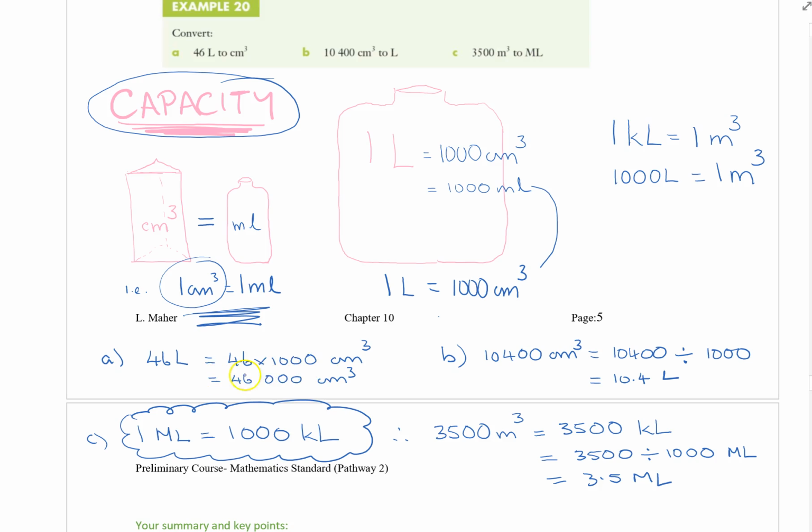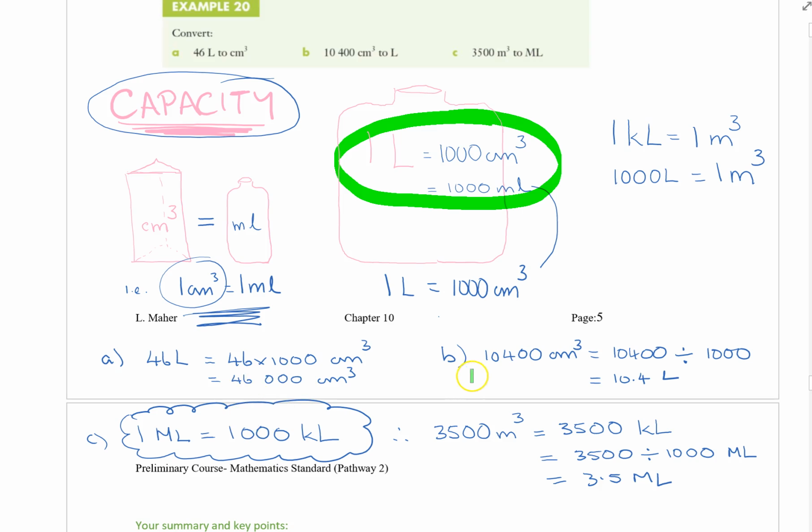Where is our conversion or our connection between litres and cubic centimetres? Well, it's right here. We know that there are 1,000 cubic centimetres in every 1 litre. So I need to multiply 46 by 1,000 and I get 46,000.